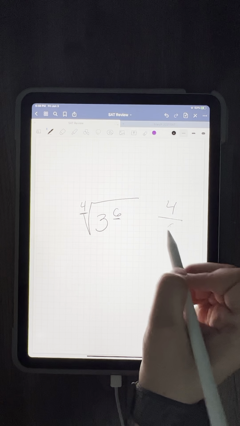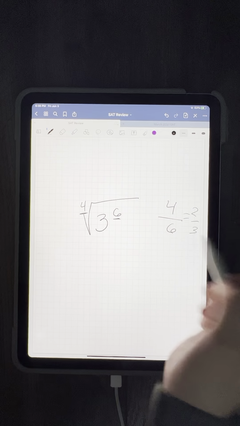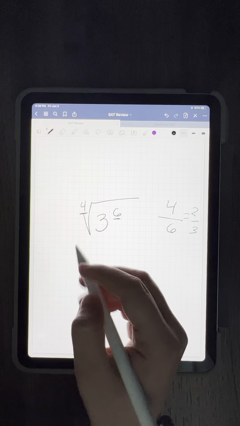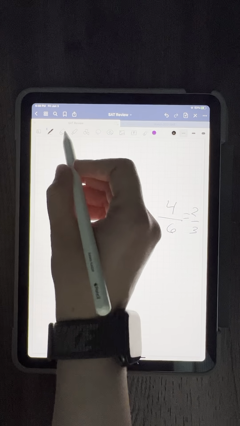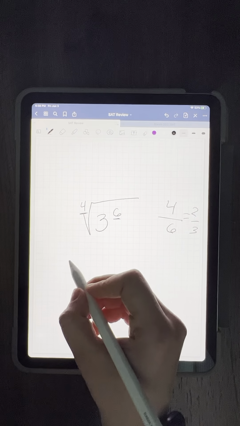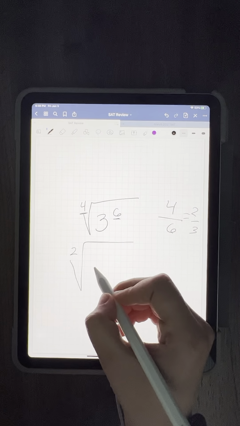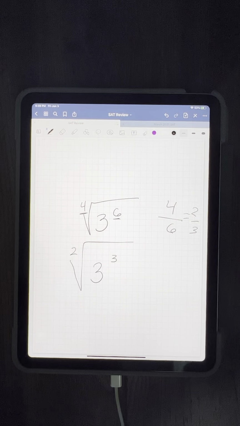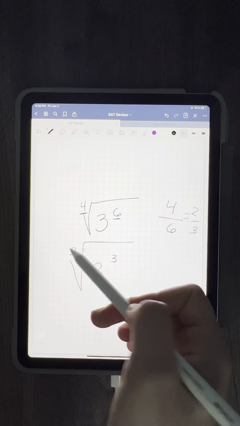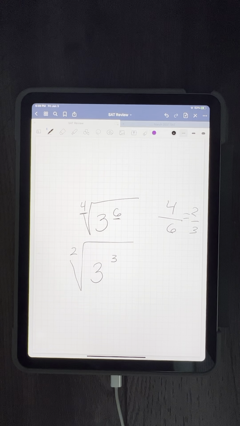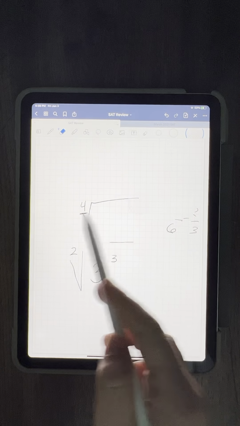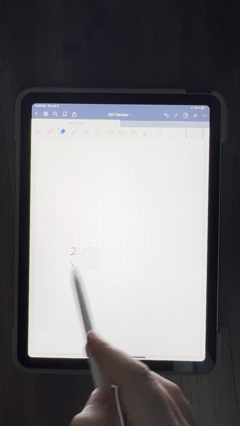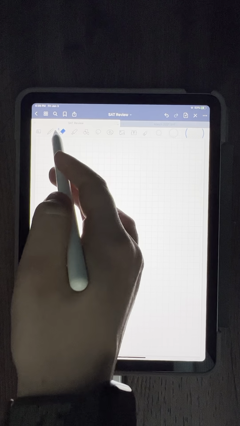So you know how 4/6 is just equal to 2/3? It's the same exact thing. So 4/6 becomes 2 and then 3. And you don't really need to write the 2, but you can write it if it helps. But yeah, that's really what you need to know for exponent rules. There's not really much to do there.